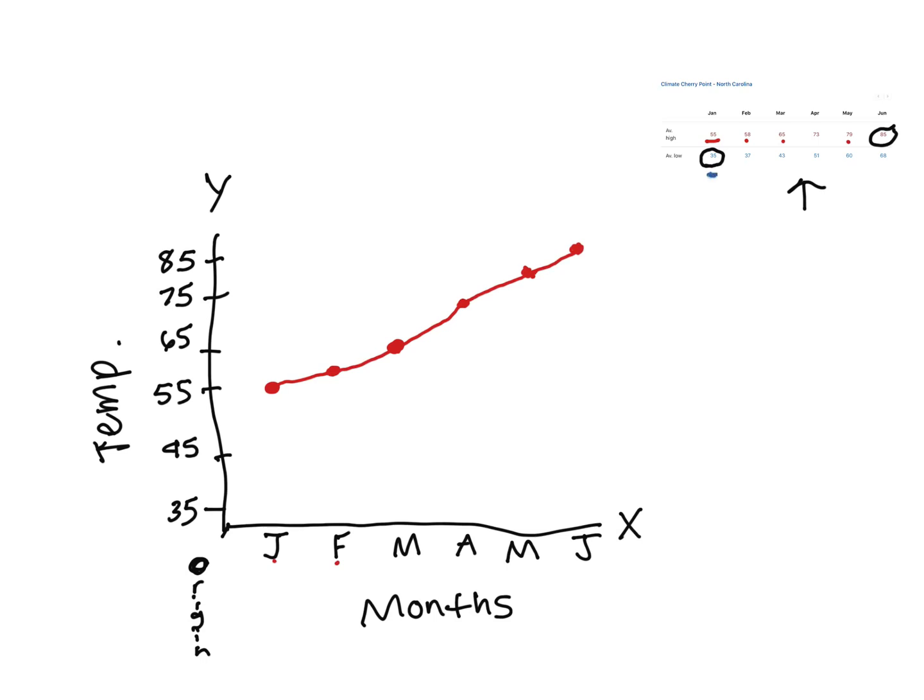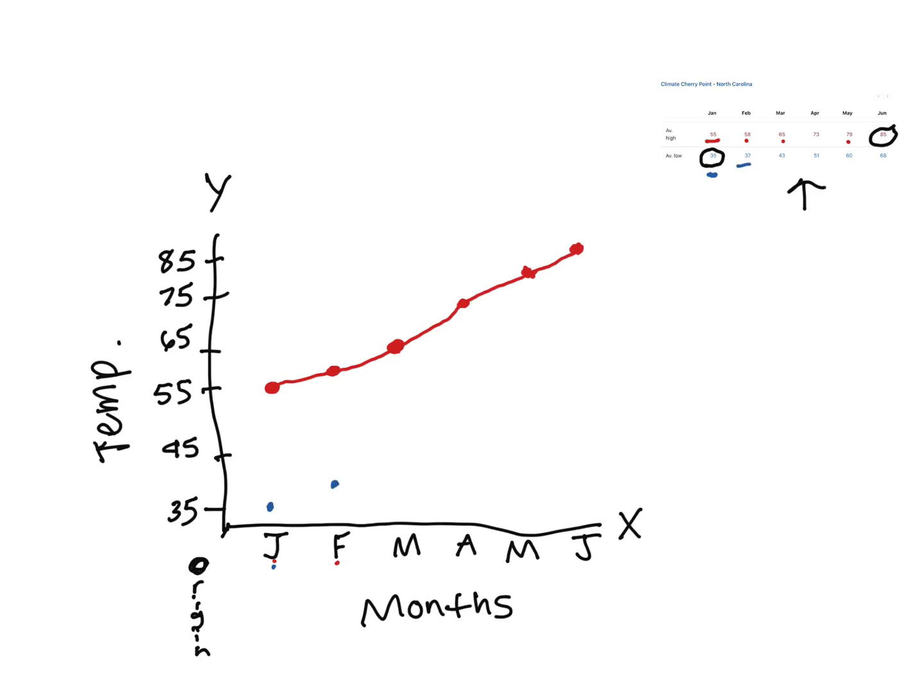So the average low was 35. So again, I'm going to go to my J on my x-axis for January. And then I'm going to go up my y-axis to the number 35, which is at the very bottom. And I marked 35 there. And then it only goes up a little bit for February for 37. So February, I'm just going to mark a teeny tiny up a little bit there.